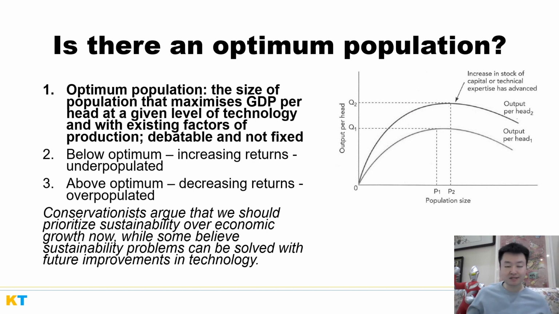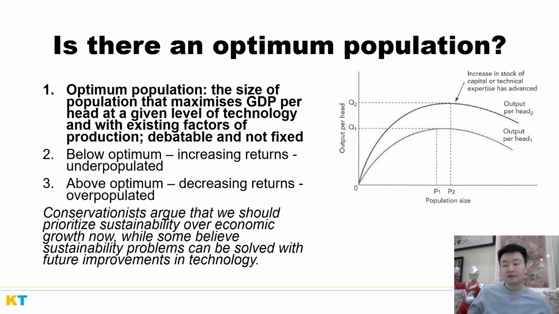The optimum population is defined as the size of population that maximizes GDP per head at a given level of technology and with existing factors of production. The existence of the optimum population is a debatable idea, and if it exists, then most economists agree that this number, whatever it is, is not fixed over time.